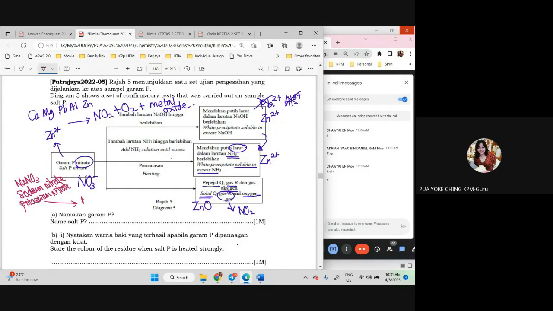You will get NaNO2 plus O2. If KNO3, you get KNO2 plus O2. It decomposes too, but not to metal oxide and you do not get the brown gas. Okay, this is for sodium nitrate and potassium nitrate.